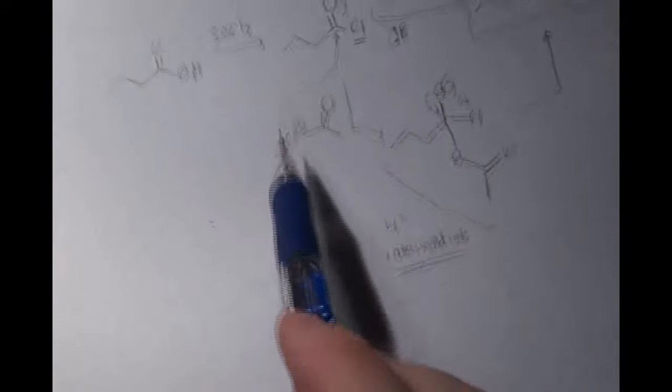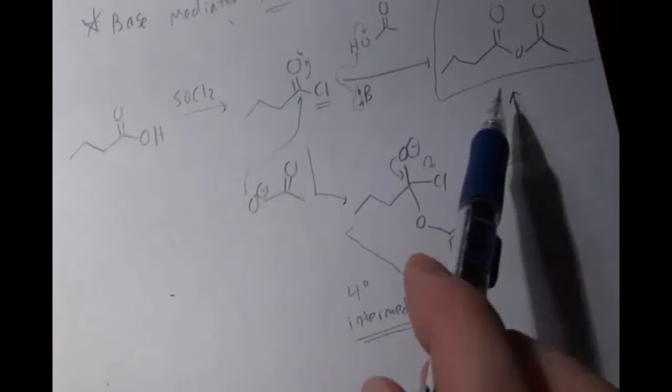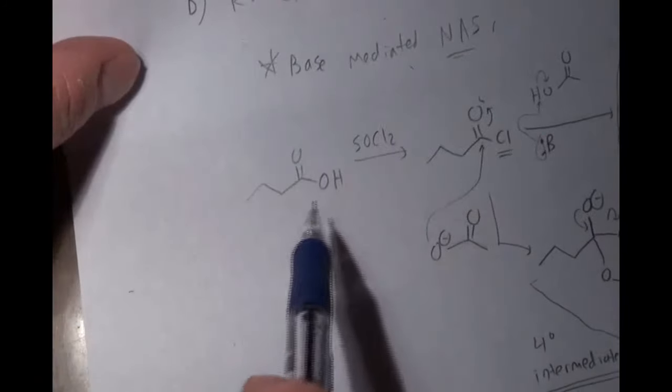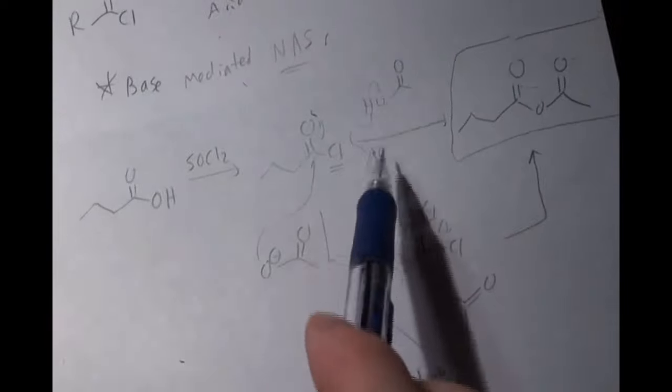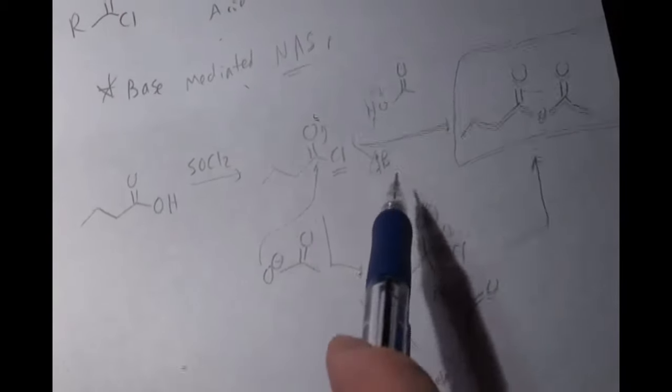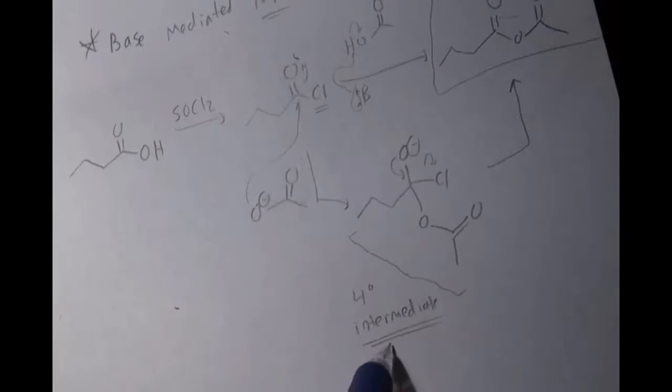And this is one example of how to make an anhydride. The way to make an anhydride is to make an acid chloride from a carboxylic acid, and then throw in a carboxylic acid in a base-mediated NAS reaction via the tetrahedral intermediate to the product.